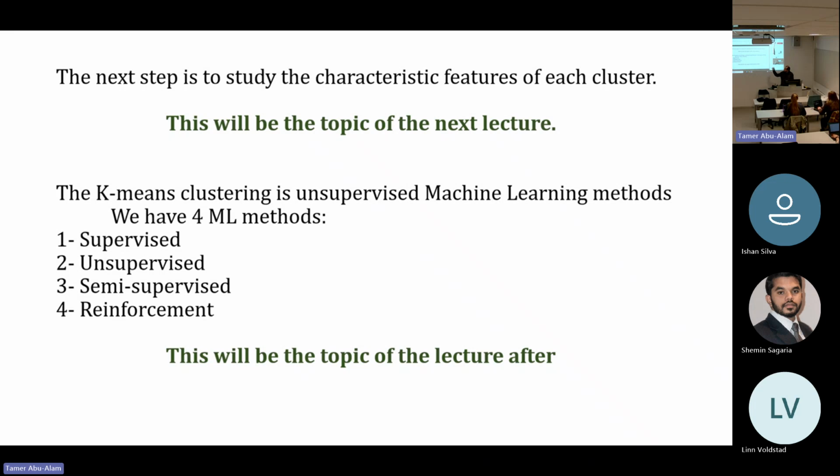We ended our last lecture with this slide that says we have 4 types of machine learning: supervised, unsupervised, semi-supervised, and reinforced machine learning. The clear example of machine learning that we got last week is the unsupervised one.